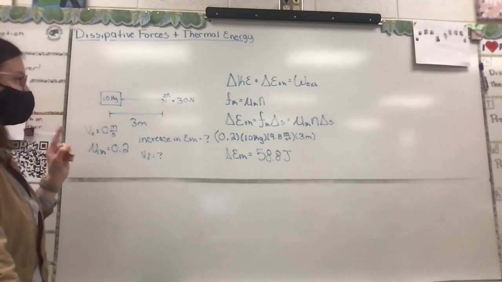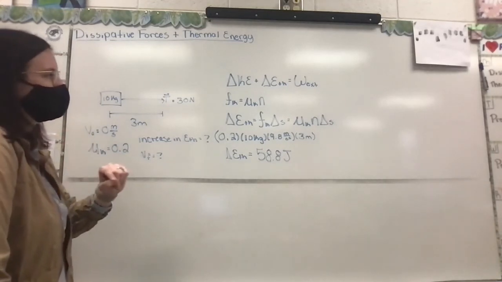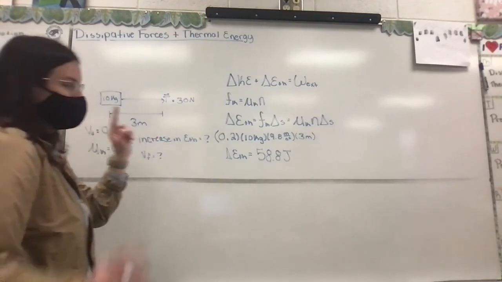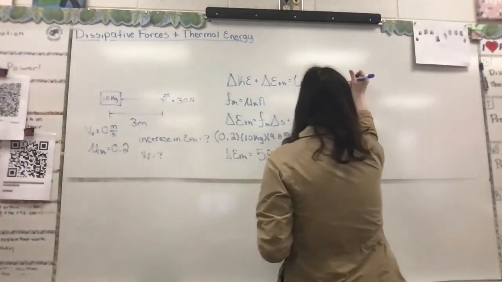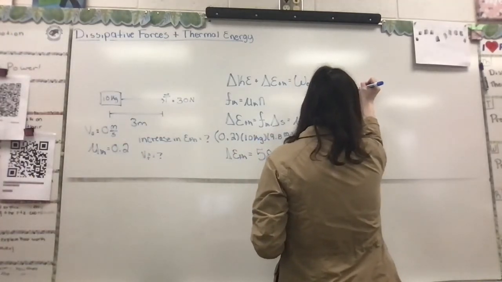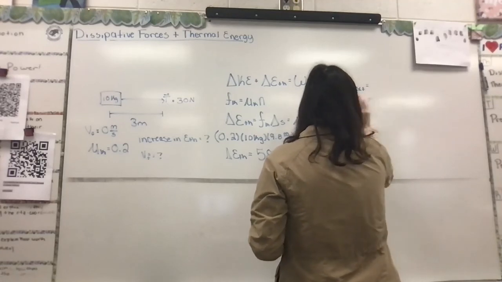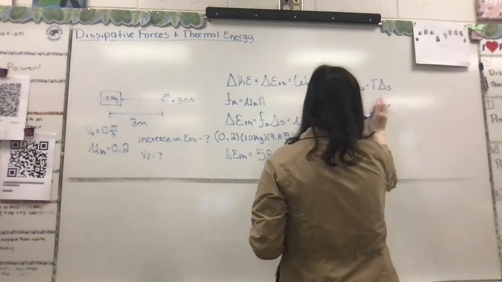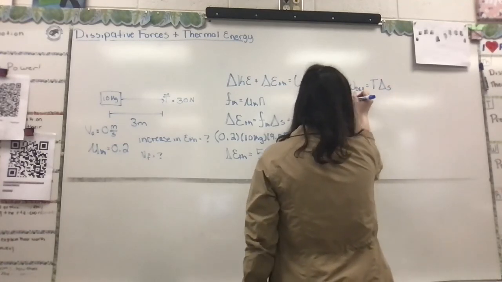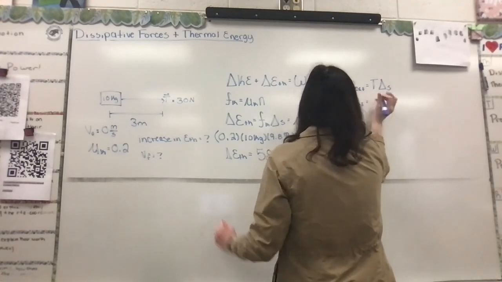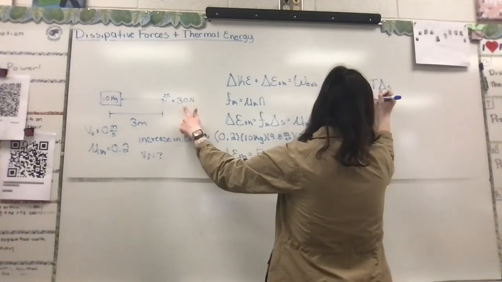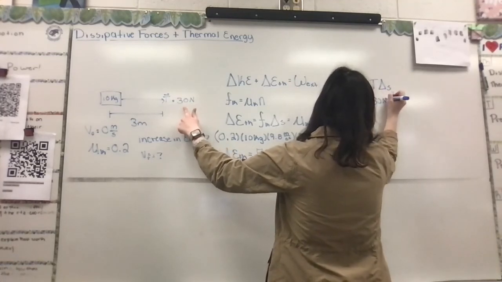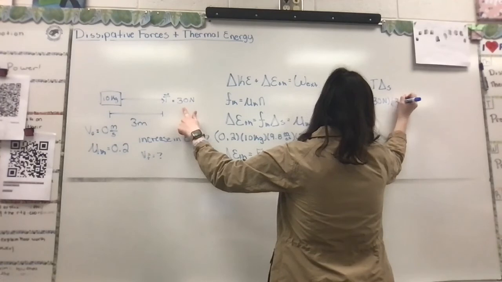We can now solve for our external work and then use that to solve for our change in kinetic energy. Work is force times displacement, and we have both of these. Our tension force is 30 newtons, and our displacement is 3 meters.